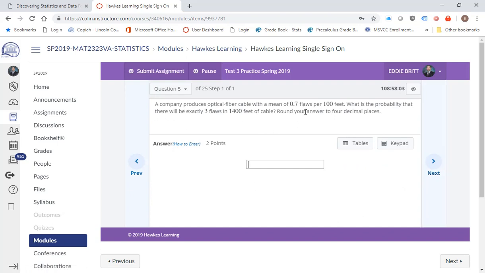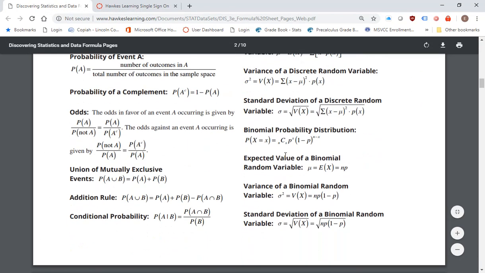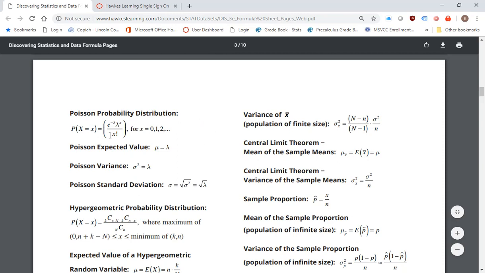Alright, so this problem is talking about mean flaws per 100 feet. What's the probability to be exactly 3 flaws? This is a Poisson problem, so we need to use the Poisson formula. Here's the Poisson formula.